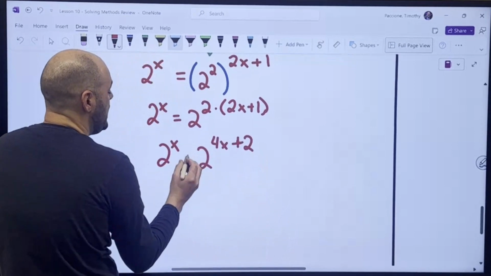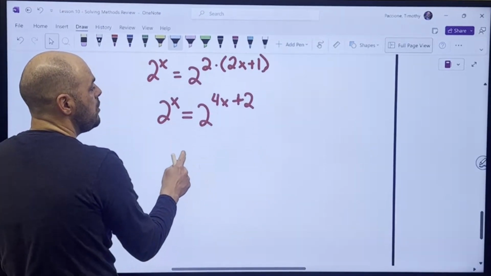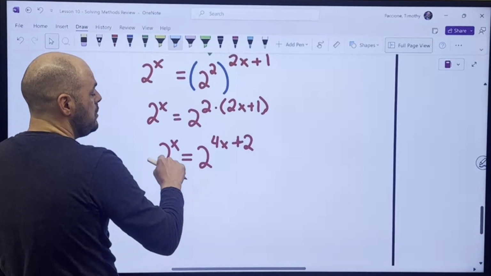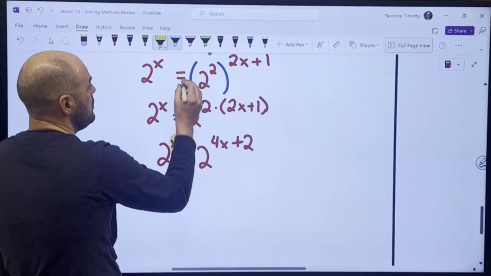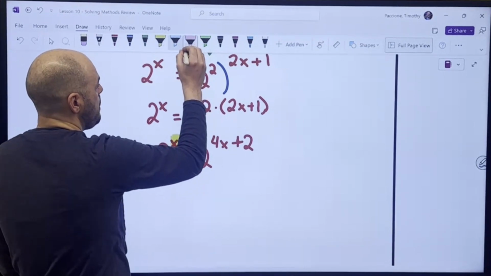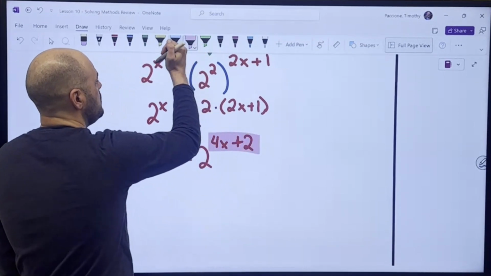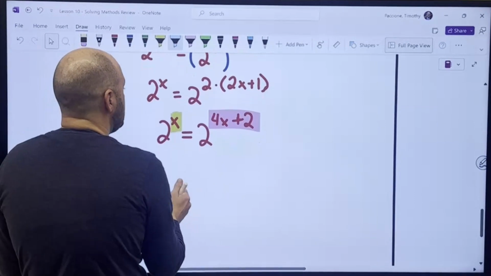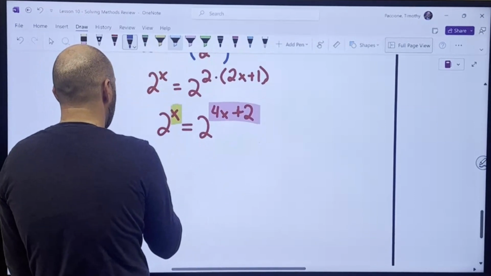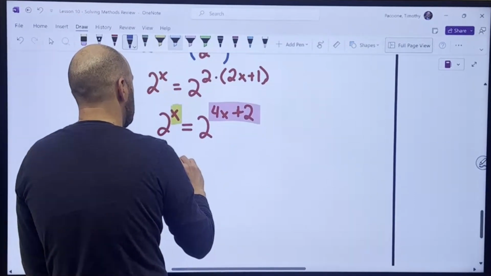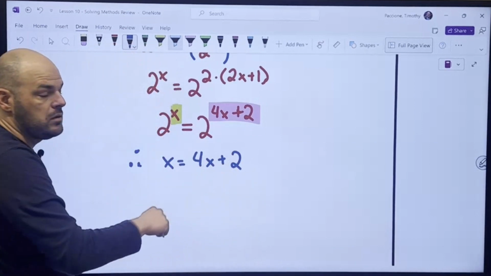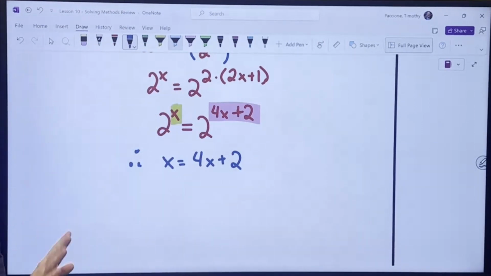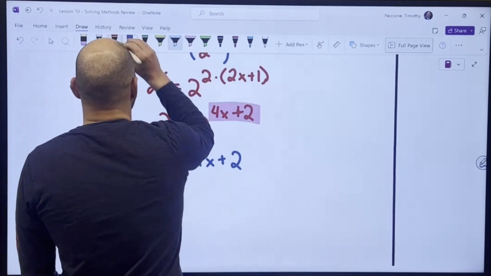Now we have our common bases, right? So I just say, okay, if this is 2 to the and this is 2 to the, then these two must be equal, right? So I can set them equal to each other. I say, therefore, x equals 4x plus 2. Get my x's to one side, my number to the other. So I'm going to move my x's to the left.